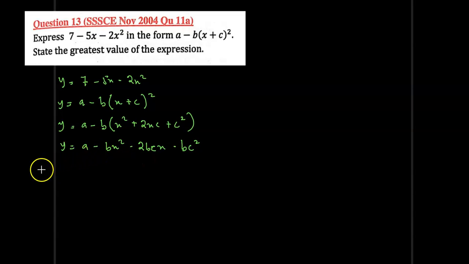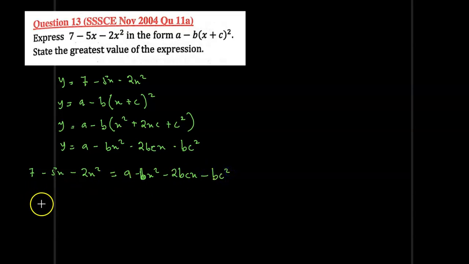So what I mean is that the given function, 7 minus 5x minus 2x squared, should be the same as a minus bx squared minus 2bcx minus bc squared.